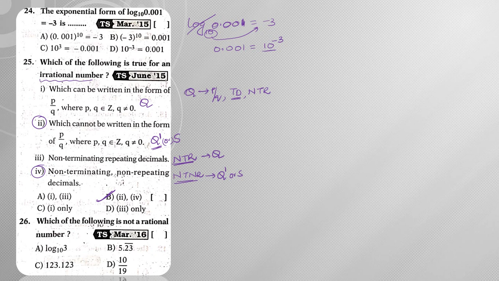So for a rational number, either it should be of the form p by q such that p, q are integers and q is not equal to 0, or it is a terminating decimal, or it is a non-terminating repeating decimal. If you want to say irrational, simply it is NTNR. If it follows NTNR, you can simply remember it as an irrational number.